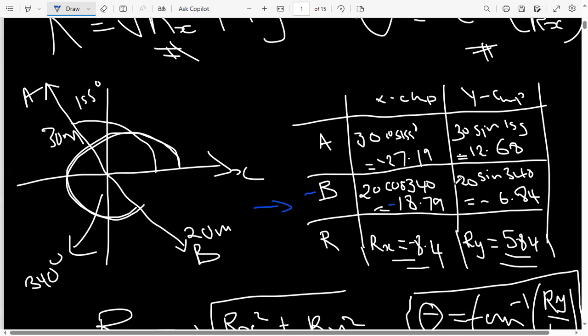So if I introduce another negative, it will just be plus. Then we can find the summation of these y components when B is minus. I'm going to erase this. It's not the answer anymore, because now we have made the B negative.